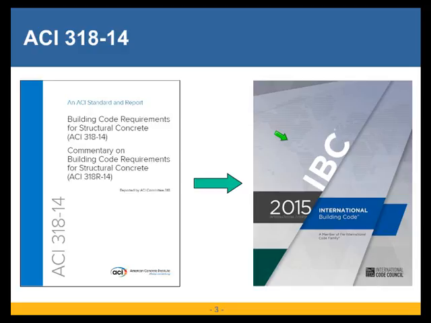So now much of the country is on the 2015 IBC, and the standard for concrete design and construction adopted by that code is ACI 318-14. So when you switch to the 2015 IBC, you are also switching from ACI 318-11 to ACI 318-14.